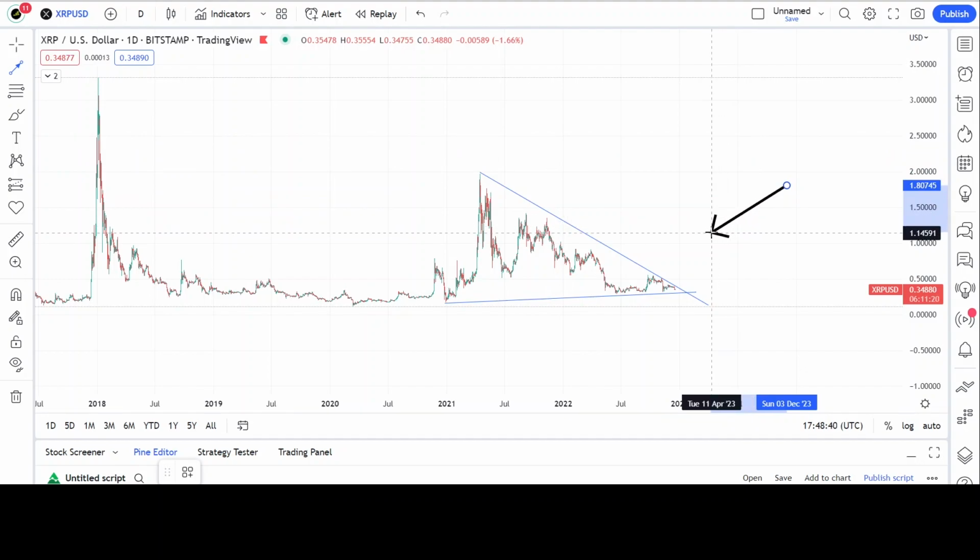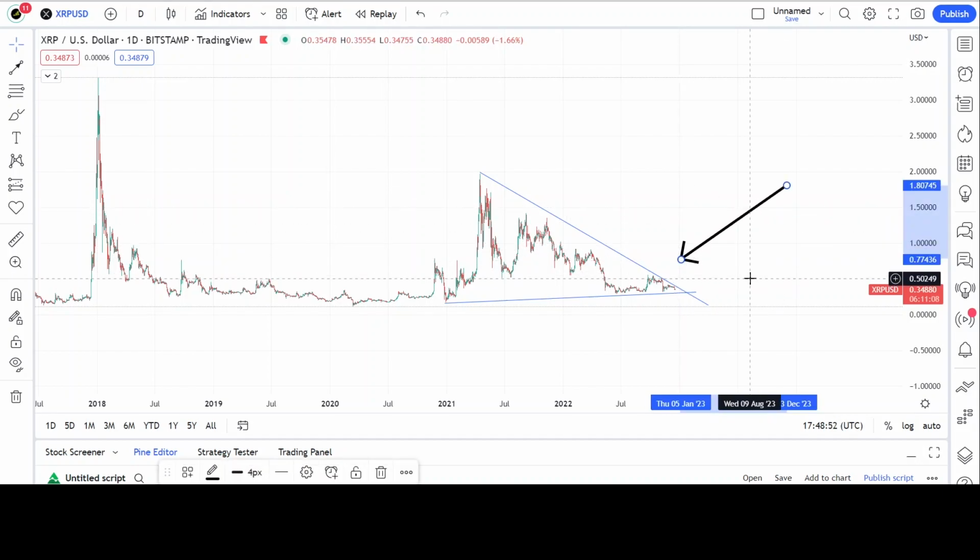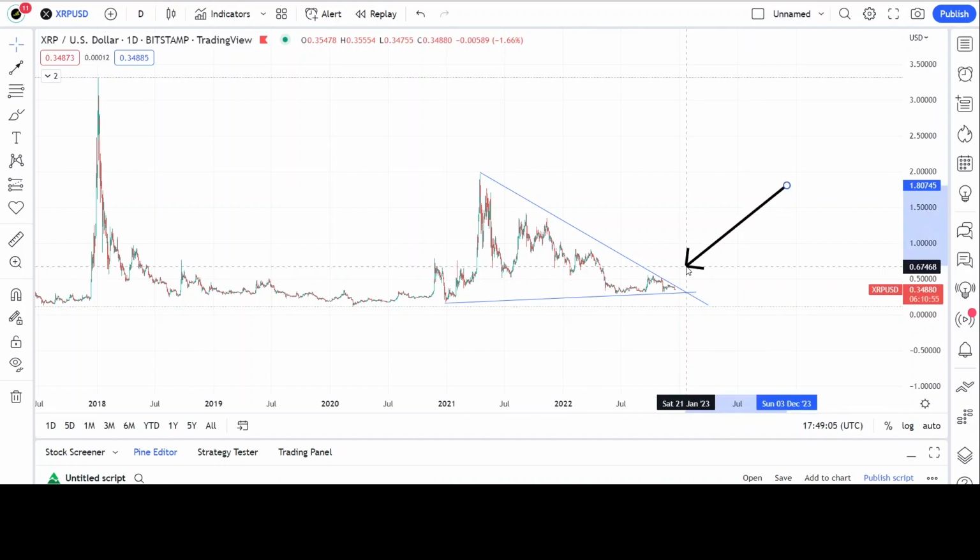Well, let me tell you about these triangles. First of all, I want to say that there is a time and place to draw these things, but for the person into technical analysis, it can be like candy. It's something that can get you excited that there's a potential bull run right around the corner.